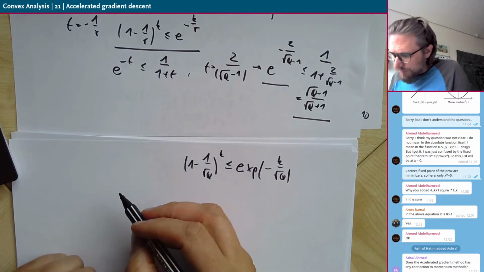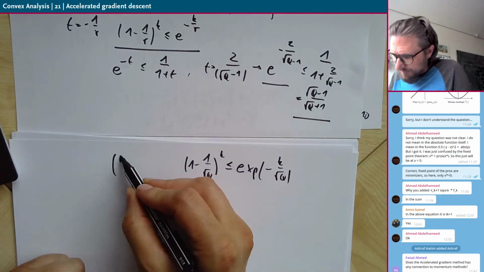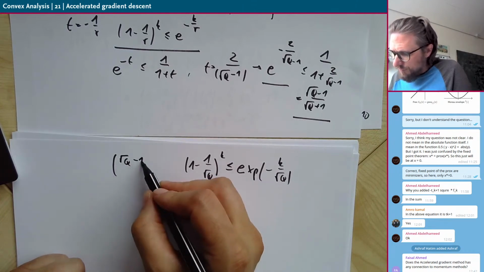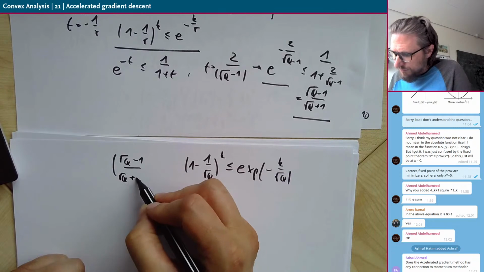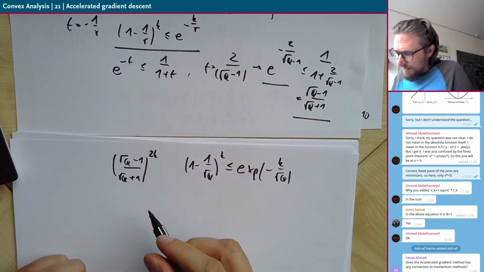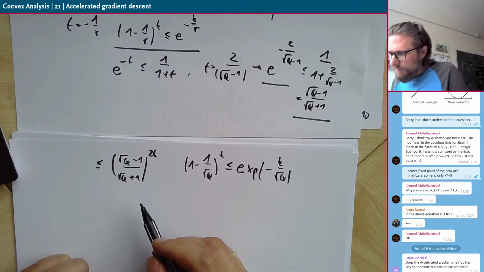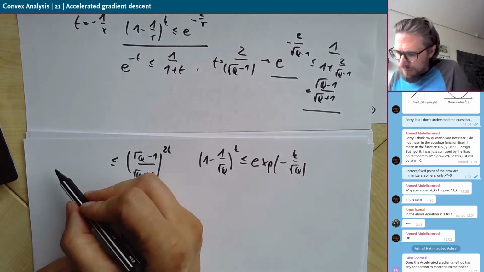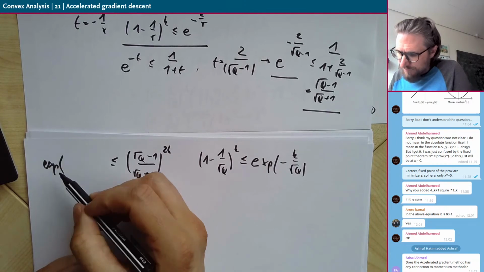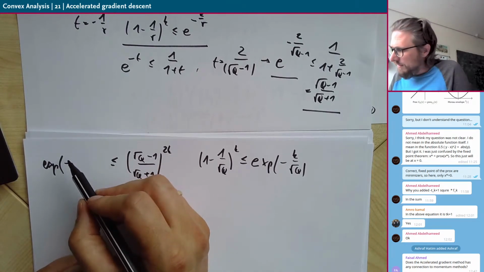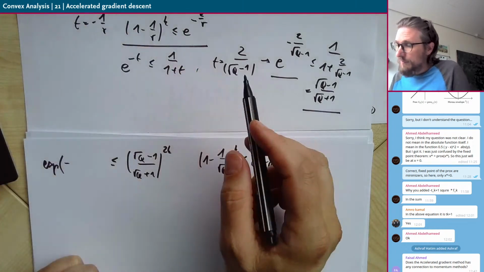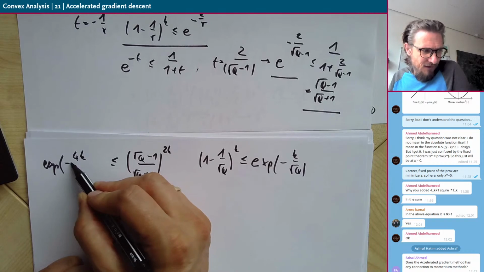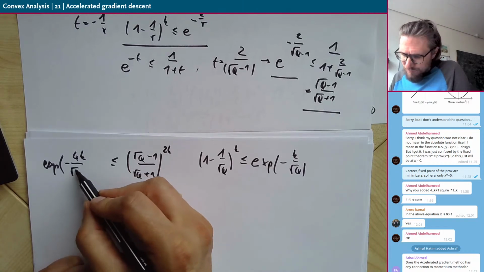And for the lower bound, square root of q minus 1 over square root of q plus 1 to the 2k, we can bound that from below by raising this to the kth power, and we end up with exponential of minus 4k divided by square root of q minus 1.